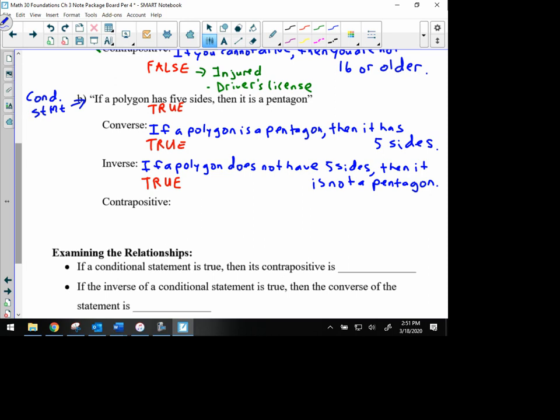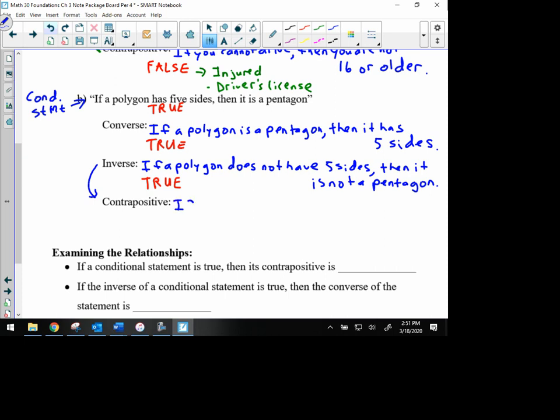Lastly, the contrapositive, that can come from the converse or the inverse. Last time we talked about it coming from the converse. Let's see how we can get there from the inverse. If we go from the inverse to the contrapositive, we take that statement, if a polygon does not have 5 sides, then it is not a pentagon, and we reverse the hypothesis and conclusion.